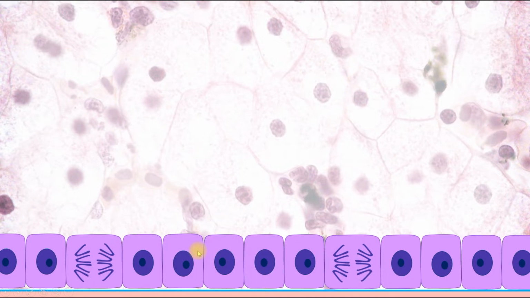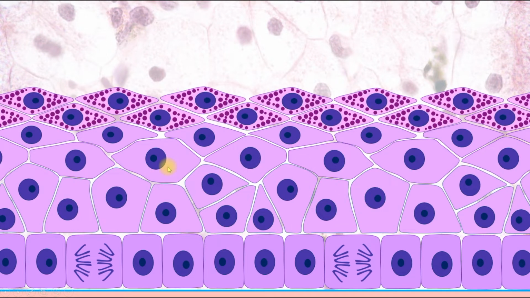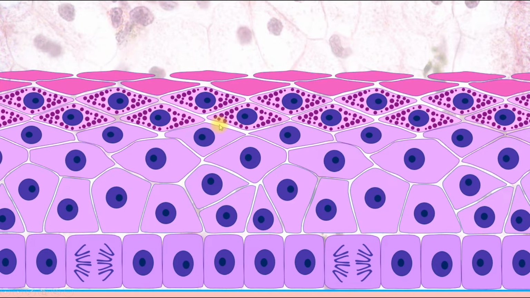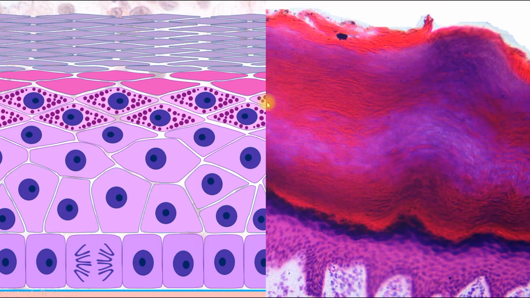Next layer is stratum spinosum. Here we can see stratum spinosum. Next, stratum granulosum, stratum lucidum, and stratum corneum. There are special Latin names for layers of epidermis: stratum basale, spinosum, granulosum, lucidum, and corneum. 5 main layers of epidermis.